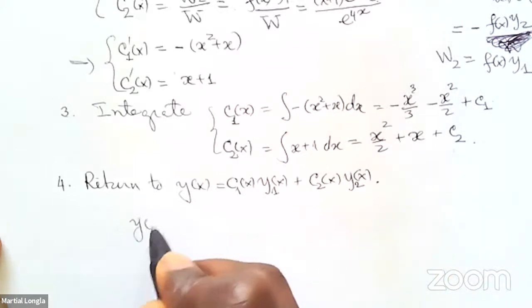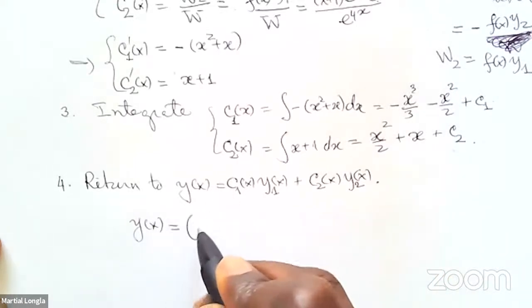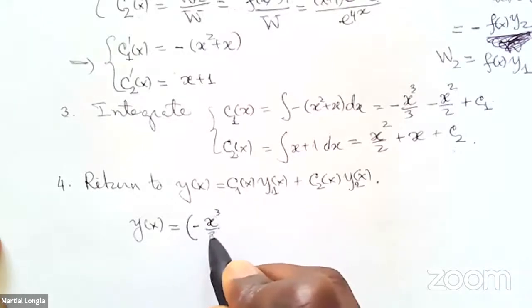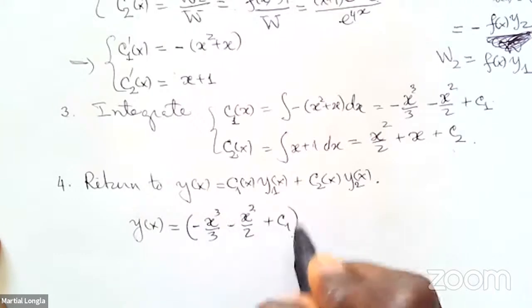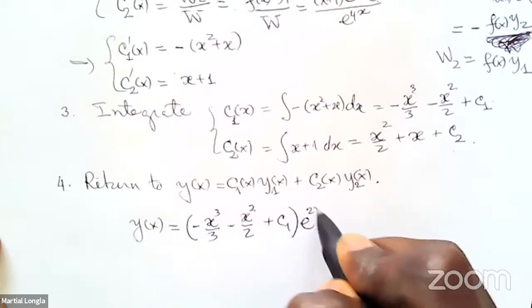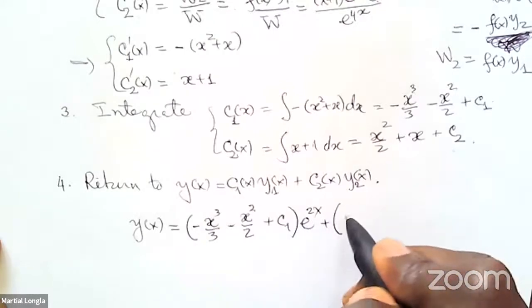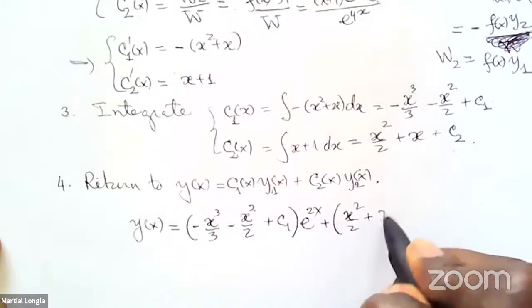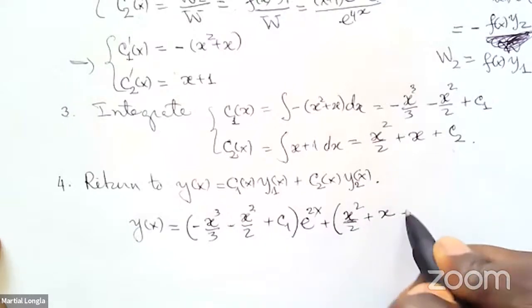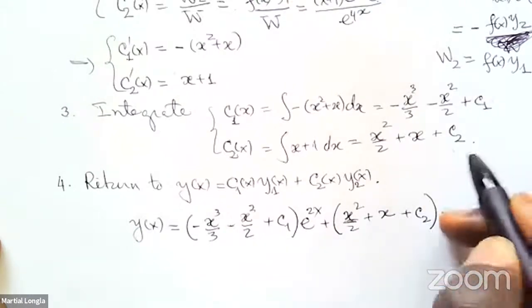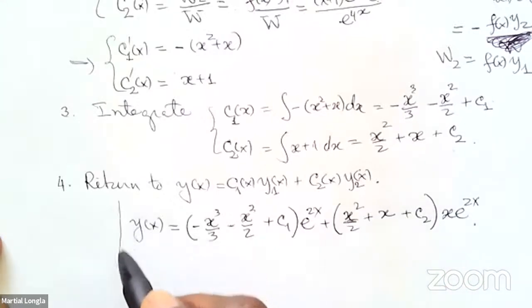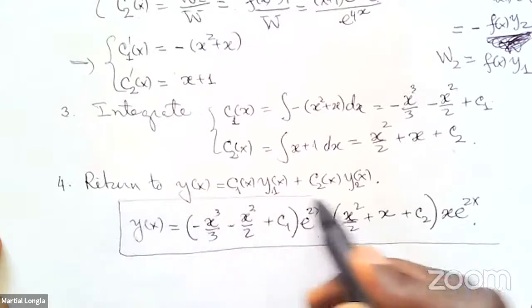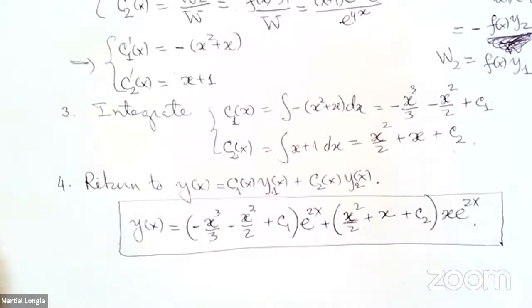So that gives you y of x equals minus x cubed over 3 minus x squared over 2 plus c1 times e to the 2x plus x squared over 2 plus x plus c2 times y2, which is x e to the 2x. That's it. And this is the final general solution of that problem with non-zero right-hand side.